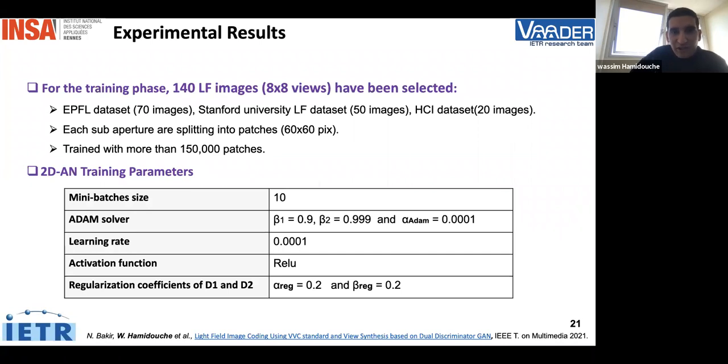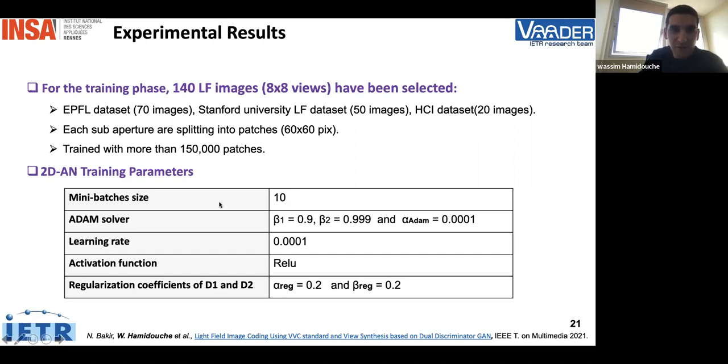To train this network, for the quality enhancement and for the view synthesis, we use three different datasets: the first from EPFL, the second from Stanford University, and the third from the HCI dataset. Each frame is split into patches of size 60 by 60 pixels, which leads to more than 150,000 patches.